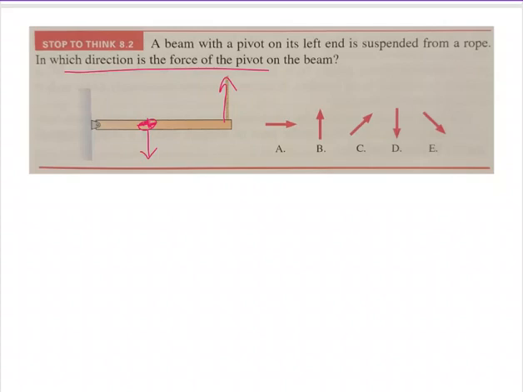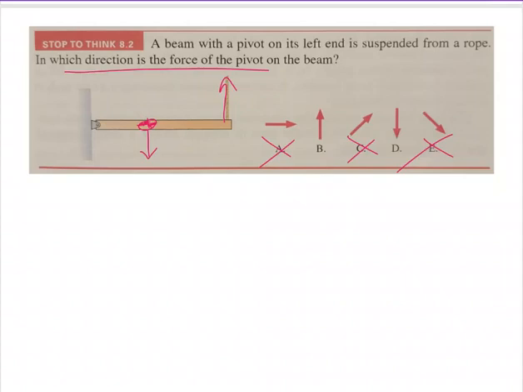No. So then, action and reaction pairs. Is there anything pressing into or pulling away from the wall that would cause there to be a horizontal component at the wall? No. If the answer is no, then it can't be A or C or E. So it has to be either B or D.